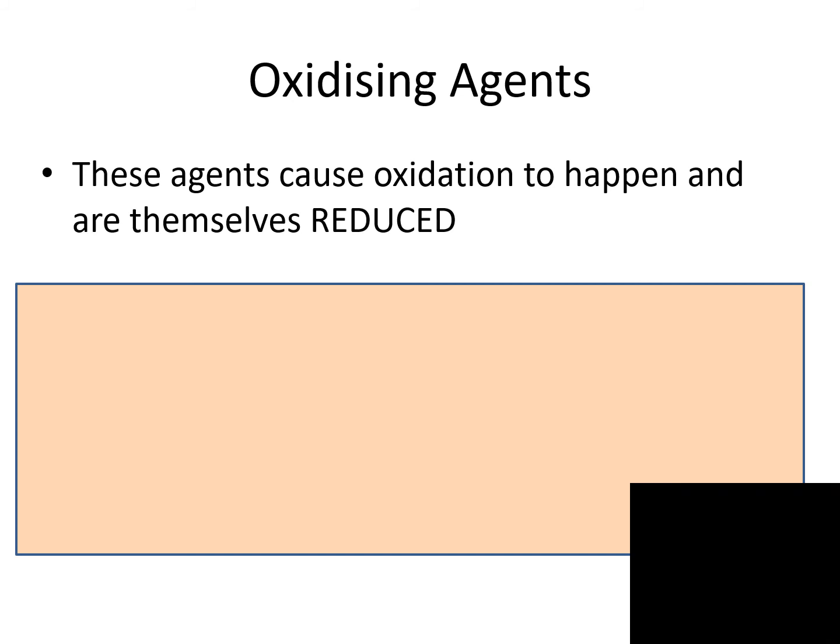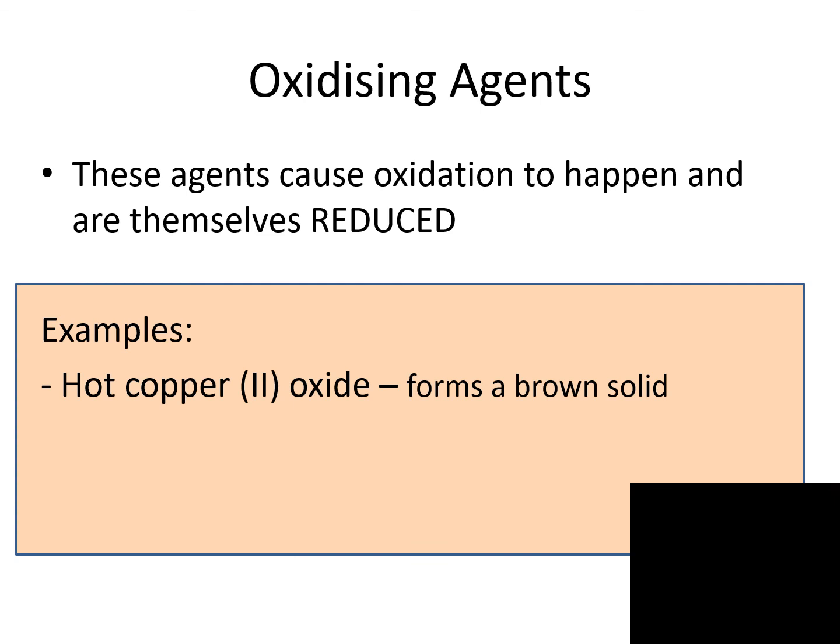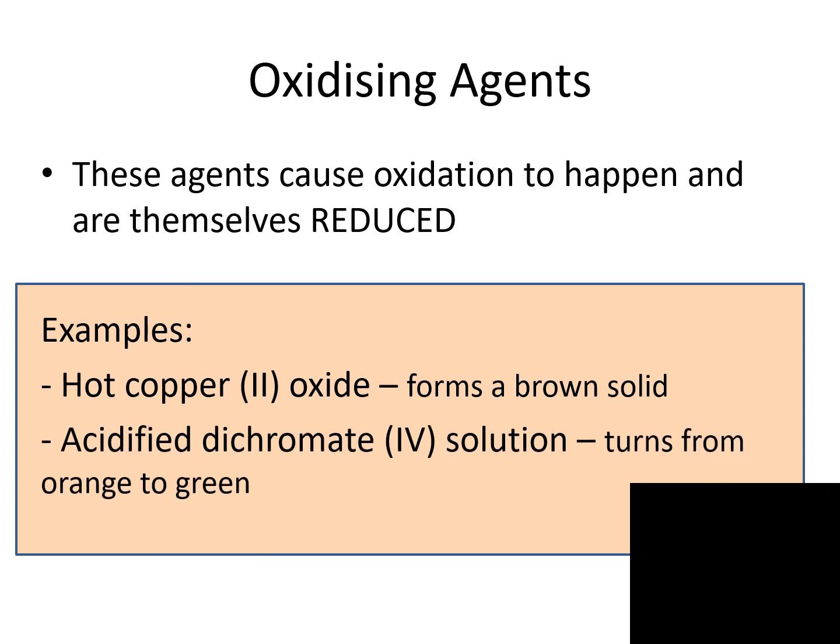So oxidizing a primary alcohol into an aldehyde or a secondary alcohol into a ketone, you could use hot copper(II) oxide. This forms a brown solid. Or acidified dichromate solution, and this goes from bright orange, like really bright orange, to green.